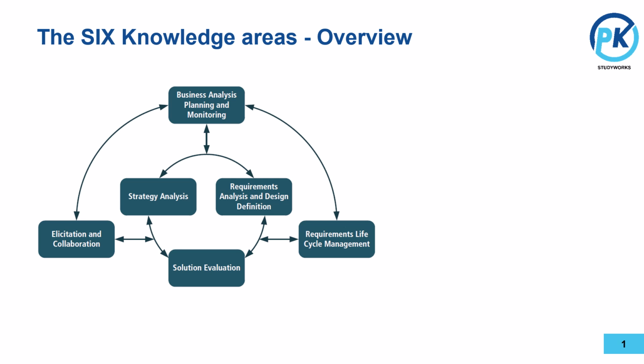And finally, requirement life cycle management. So though we don't initiate the requirements, and requirements are not owned by us, it comes from the business stakeholders, but still we give it the shape, right? When it comes from the stakeholders, it is more raw.